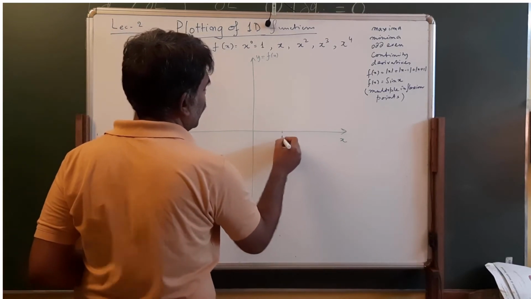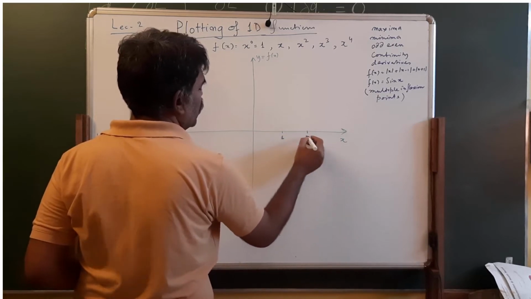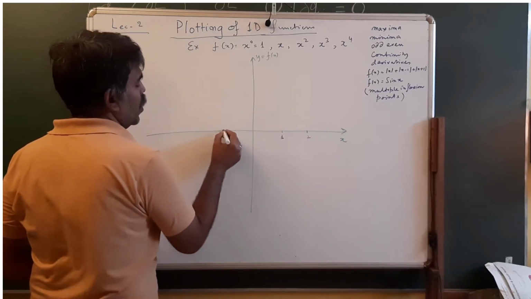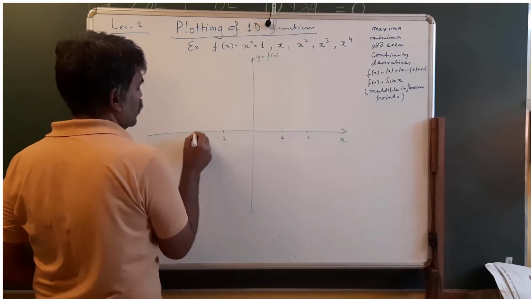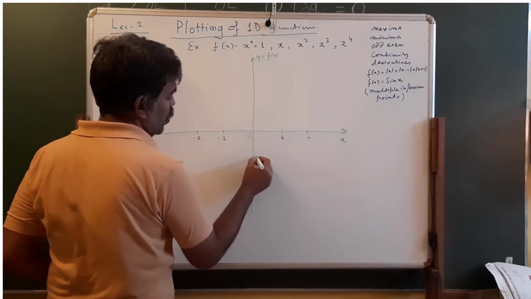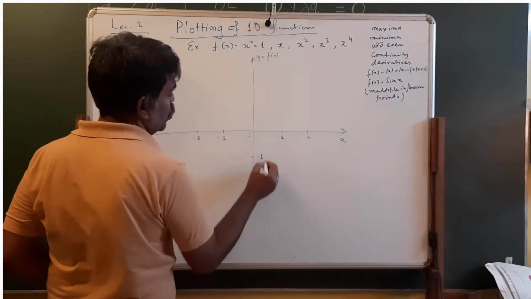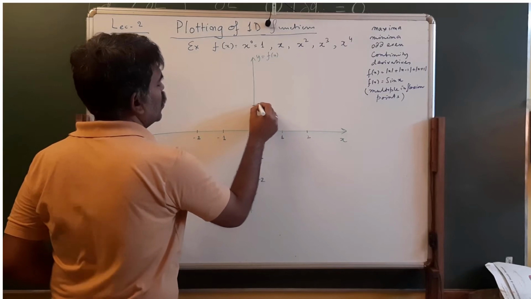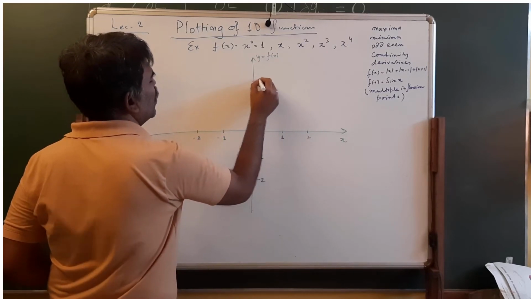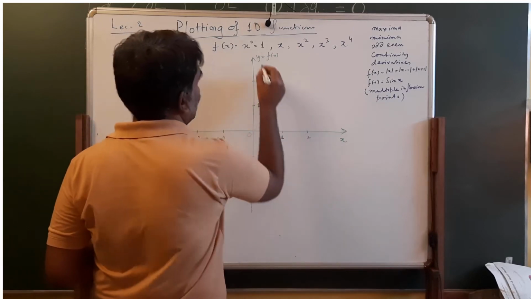Suppose this is 1, sorry, this is 2, this is minus 1, this is minus 2. This is 0. This again is minus 1, minus 2. This is 1, this is 2. Now let me find the coordinate.